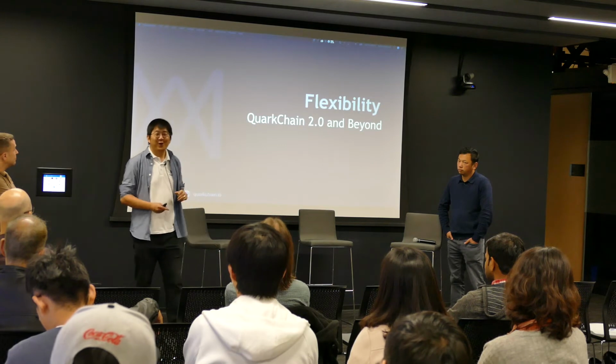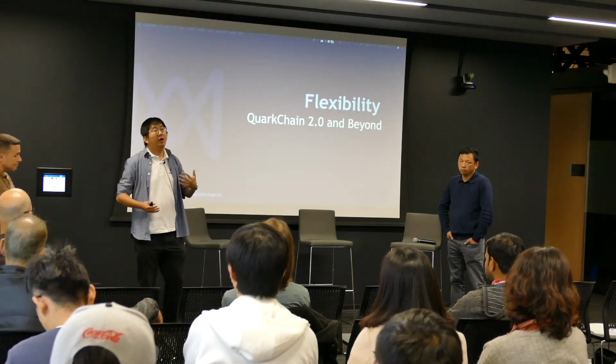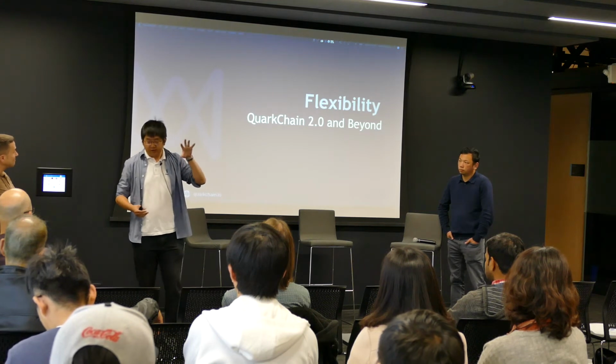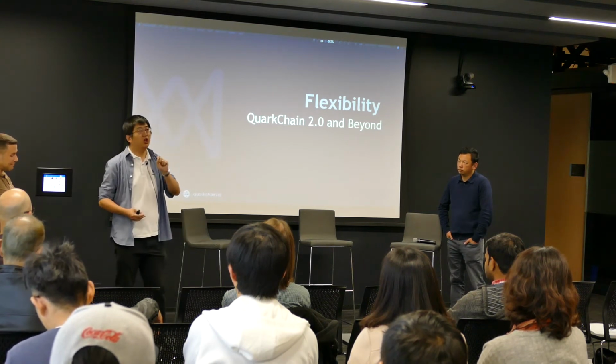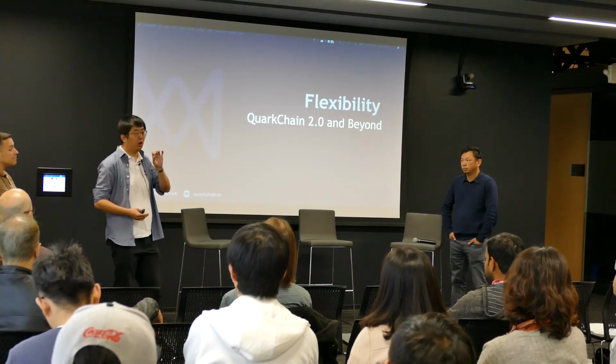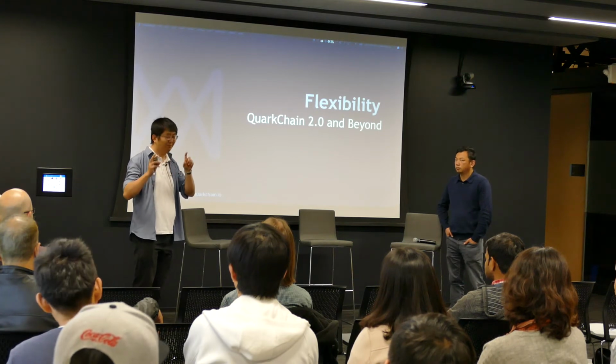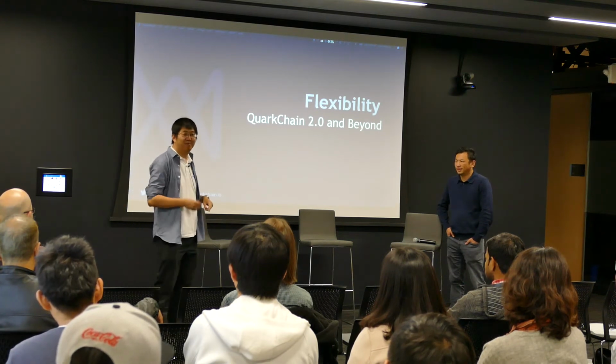For example, at the end of last month, Ethereum proposed the next version of Ethereum called Constantinople. Sorry, it's hard to pronounce.